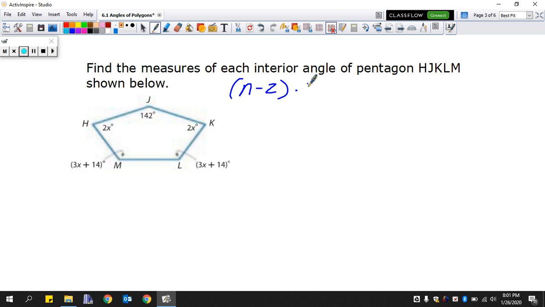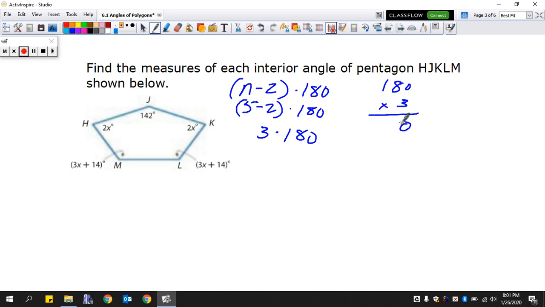This pentagon has 5 sides, so 5 minus 2 times 180 is 3 times 180. 180 times 3: 0, 24, 8 times 3 is 24, and 5. So 540 degrees. All 5 of these angles add up to 540 degrees.